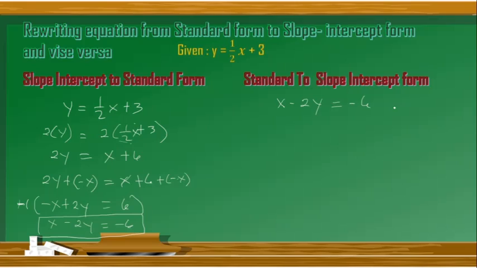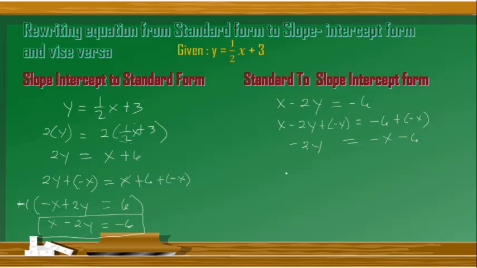Then after, since we're looking for a slope-intercept form, we will apply the addition property of equality, that is x minus 2y plus negative x equals to negative 6 plus negative x. So simplify. This one is cancelled out, what is left is negative 2y. Then we will write this first: this is negative x, then negative 6.